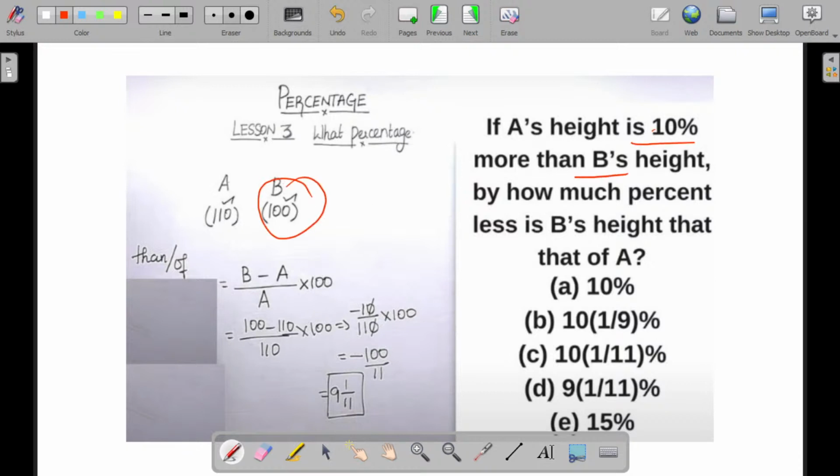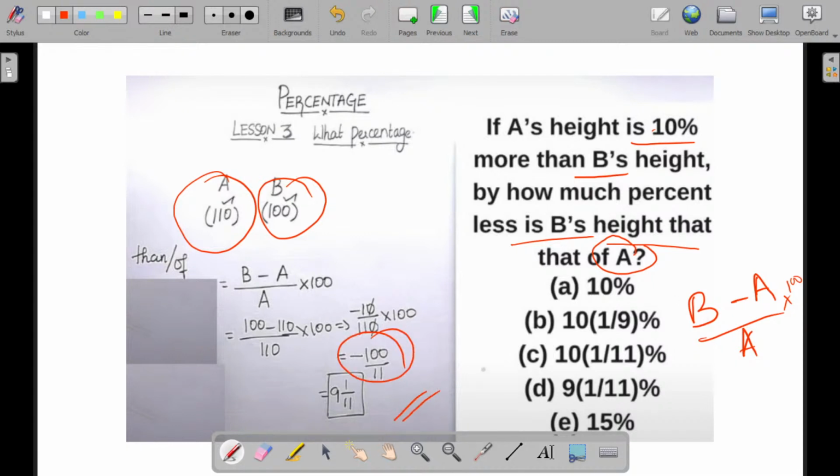B is 100, A is 10% more, so 110. By what percentage is B's height less than A's? A comes in the denominator, the second term, into 100. So this is your formula. It is similar to the previous problem.